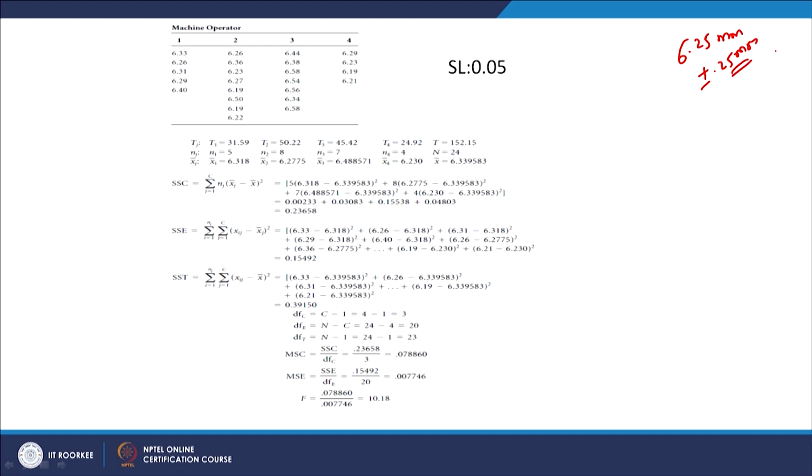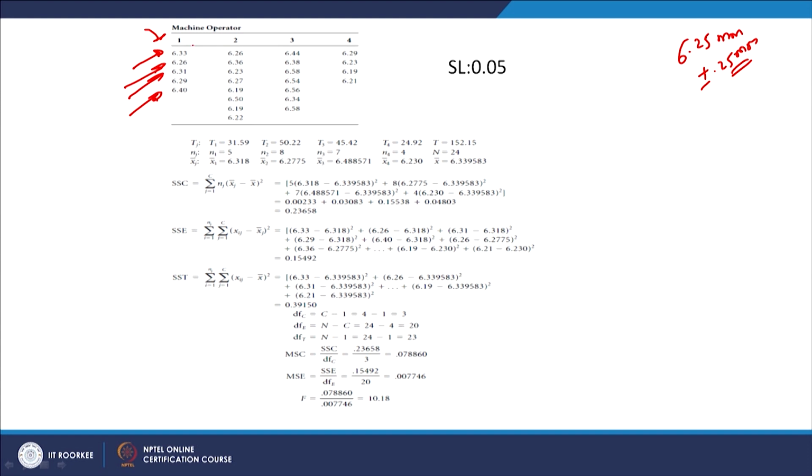So there are 4 operators in the machine shop. When operator 1 drills the aluminum plate, the diameters of the holes are 6.33, 6.26, 6.31 and finally 6.41.